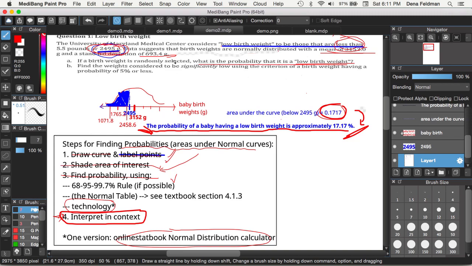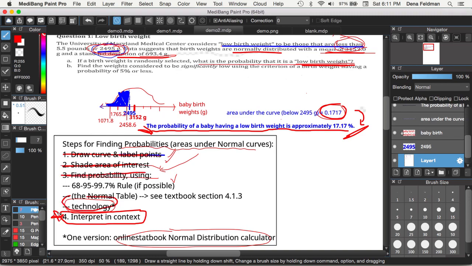If a birth weight's randomly selected, what's the chance that it is a low birth weight, where the criteria given to me about all babies is that they're normally distributed with a mean and a standard deviation given. Step 1, draw the curve, label the points. Step 2, shade the area that you're interested in. Step 3, find that probability. Here I use technology.